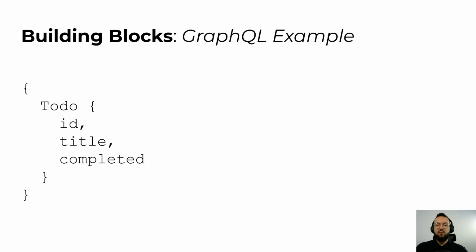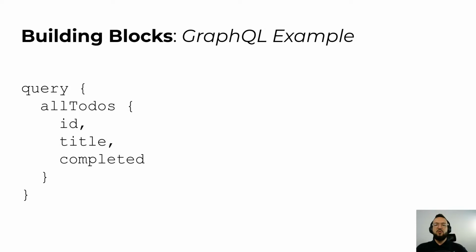This is a schema for a to-do item. You've got the ID, the title of the to-do item, and the state, completed or not. You can define the ID, title, and completion as fields. You can also define additional types. You can query those to-dos, and here is the difference between the entity and the query.